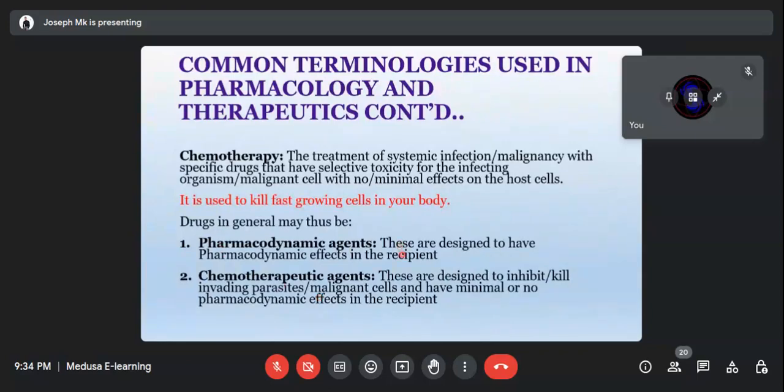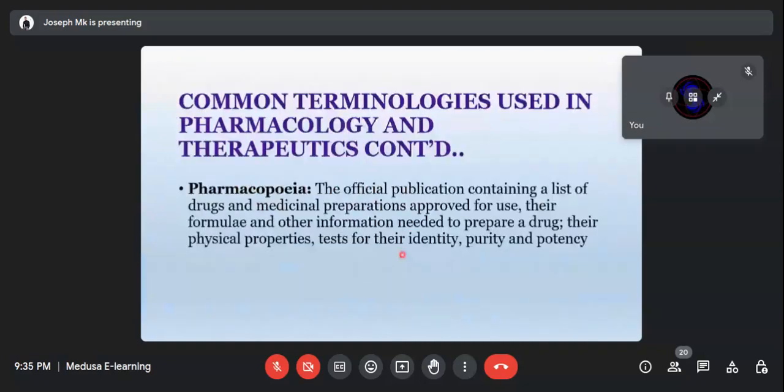In pharmacodynamic agents, you are definitely going to see the side effects on the body of the patient. But for chemotherapeutic agents, it's very rare that you will see the effects. So that is it about these two, the pharmacodynamic agents and the chemotherapeutic agents.